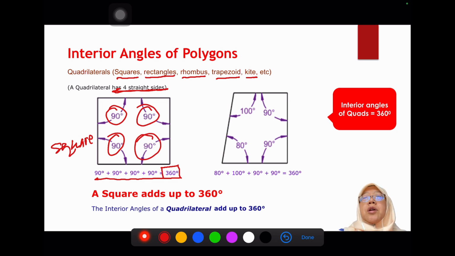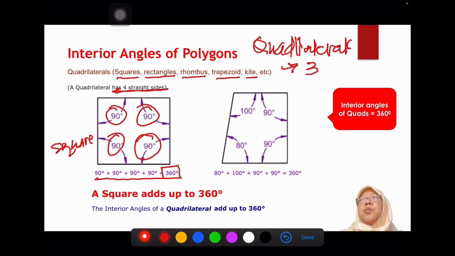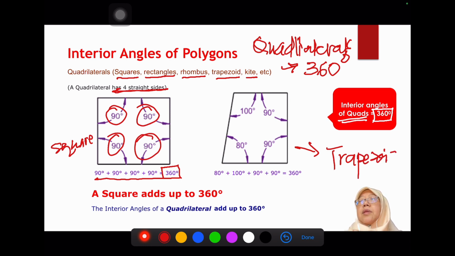For quadrilaterals, you add up all angles, it will be 360 degrees, like this. So interior angles for quads will be 360 degrees. Now this is a trapezoid, or trapezium.